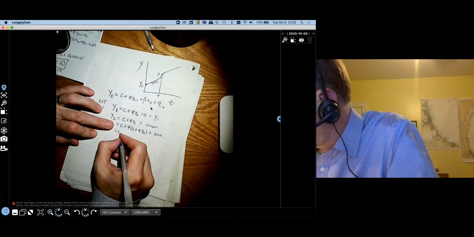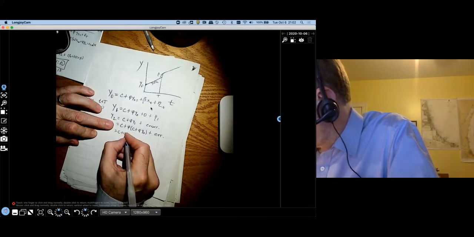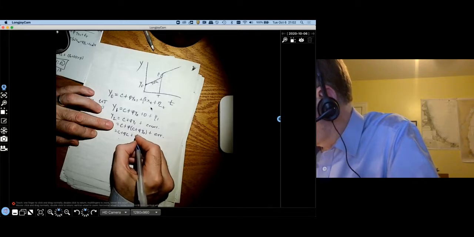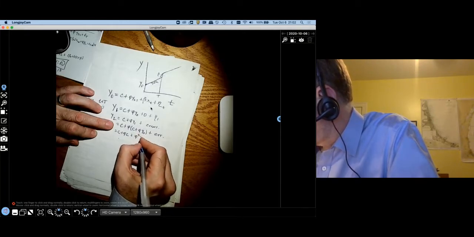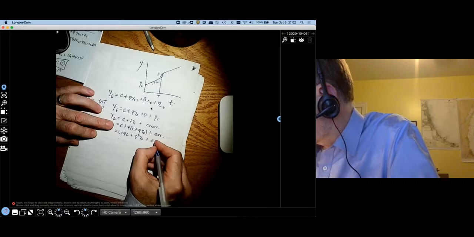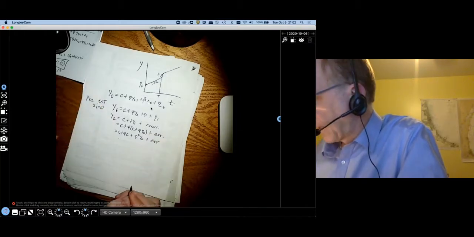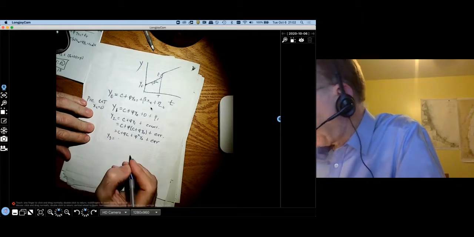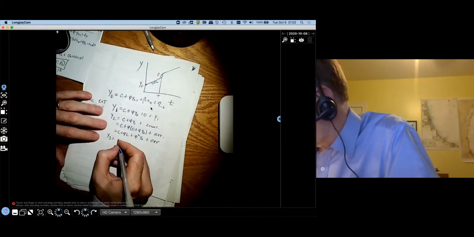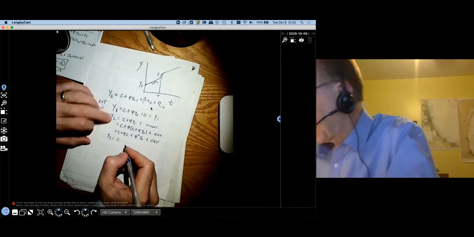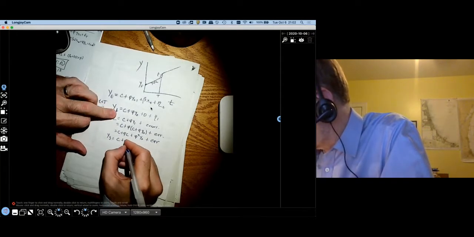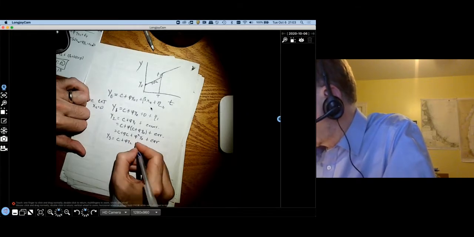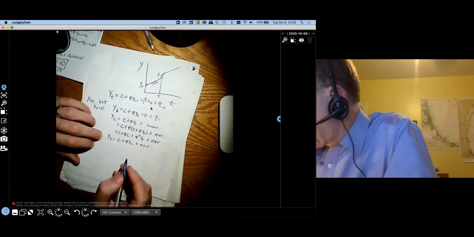We have c plus phi times c plus phi squared times y naught plus a bunch of errors. Let's do one more term, just to make sure everybody has this. So this is going to be c plus phi times y2 plus a bunch of errors.